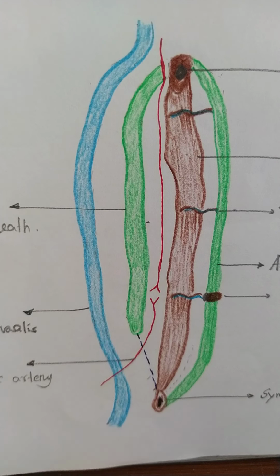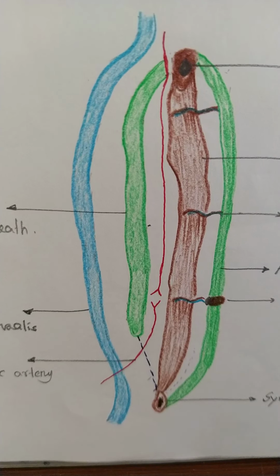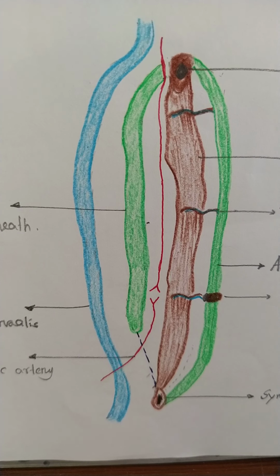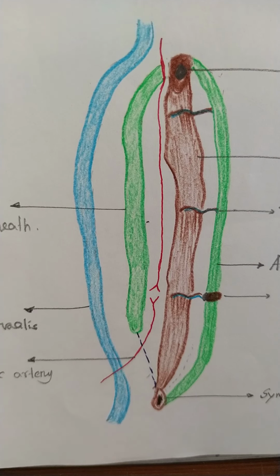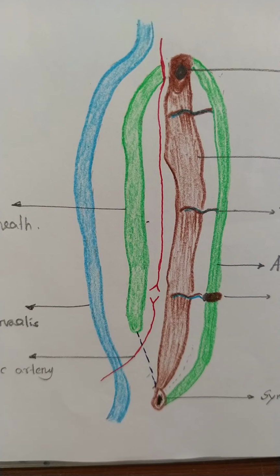If you study that chapter, you can also see the superficial epigastric artery. So there are three arteries: superior epigastric artery, superficial epigastric artery, and inferior epigastric artery.